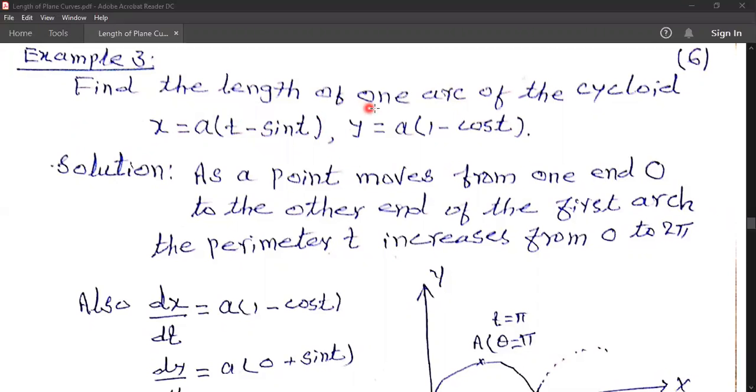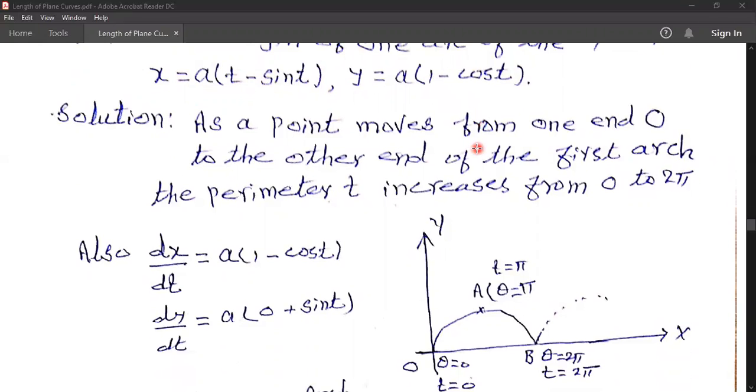Then we'll start with the third example. Find the length of one arc of the cycloid x is equal to a into (t minus sin t), y is equal to a into (1 minus cos t).